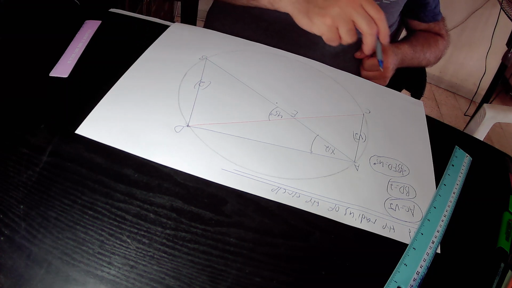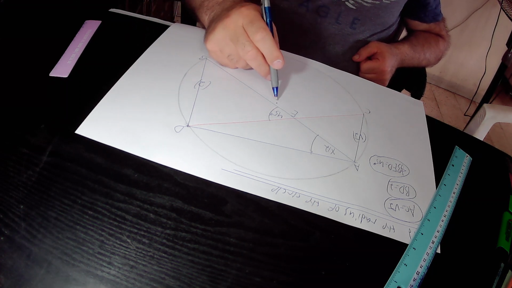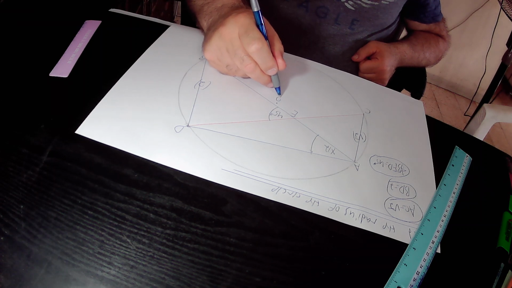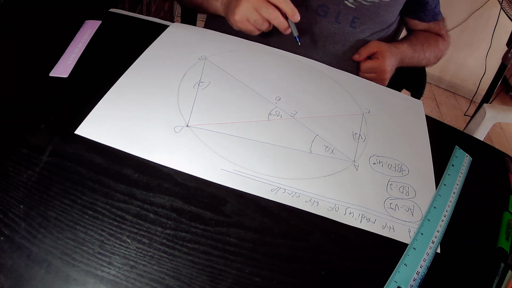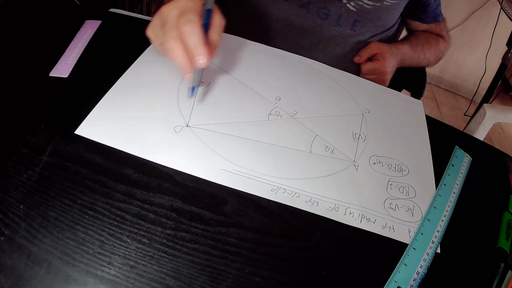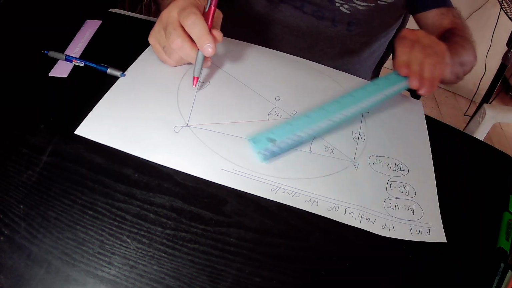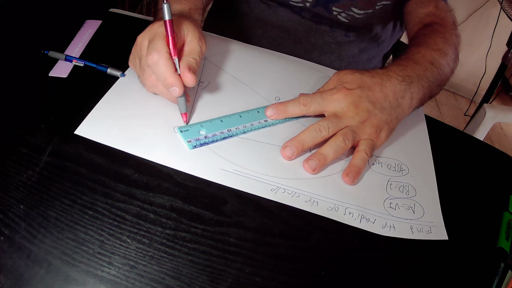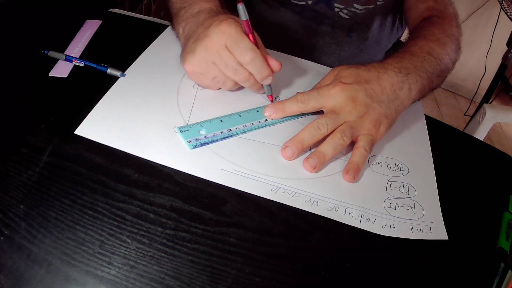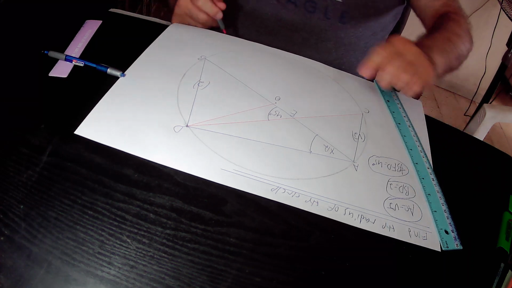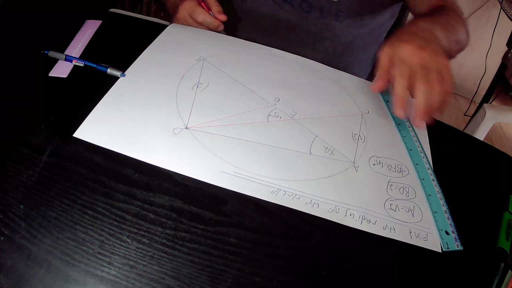We define the center of this circle, this point, as point O. In the next step, we join points O and D together by a straight line. Likewise, we join points O and B together by a straight line.